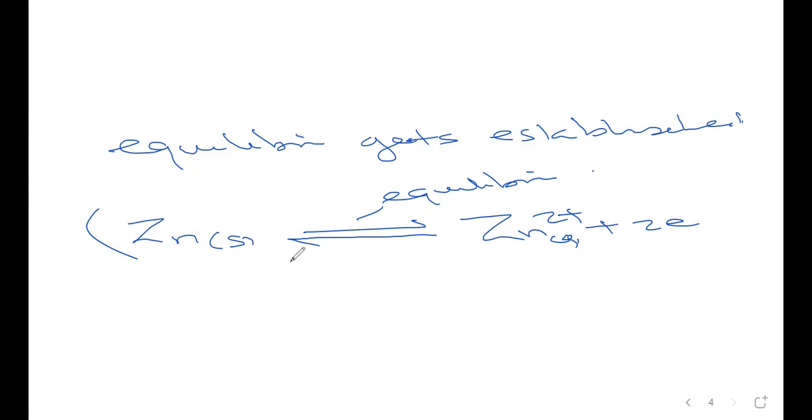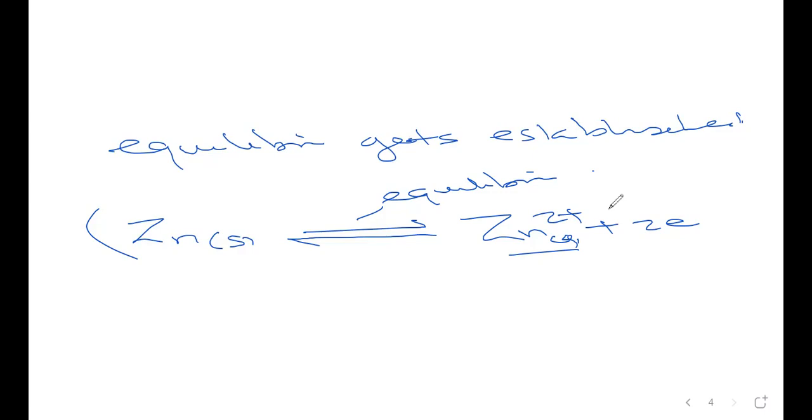And the position, whether there is a greater tendency of deposition or a greater tendency of electrolytic solution pressure, depends on which metal we are using. So the position of the equilibrium, whether it lies to the left or right, depends on different metals.